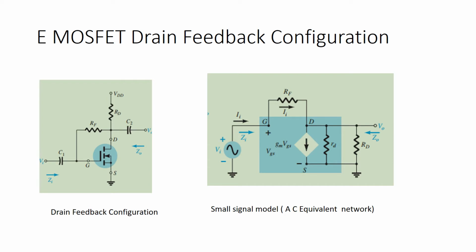EMOSFET drain feedback configuration. In this we'll learn how to model a given network. Here a drain feedback configuration is given, and we can see the coupling capacitors C1 and C2. The role of the coupling capacitor is to block the DC signal from the AC signal.